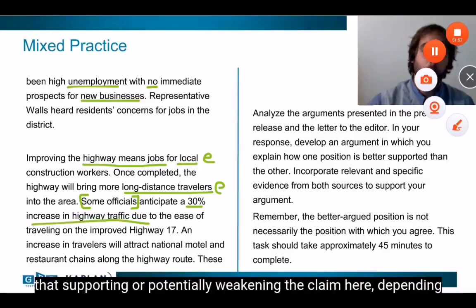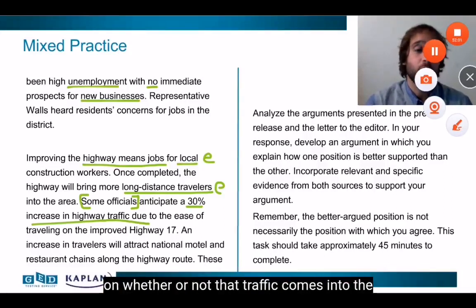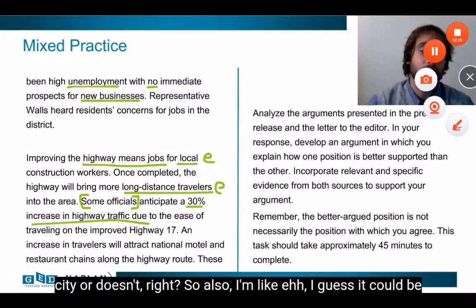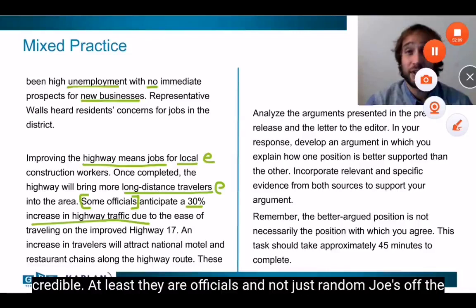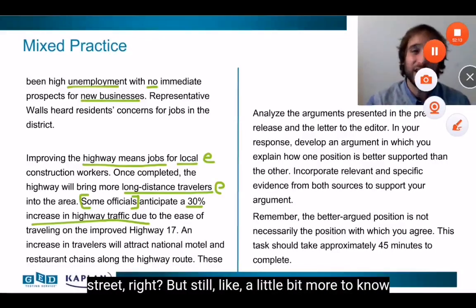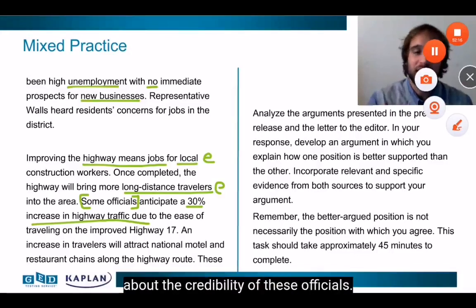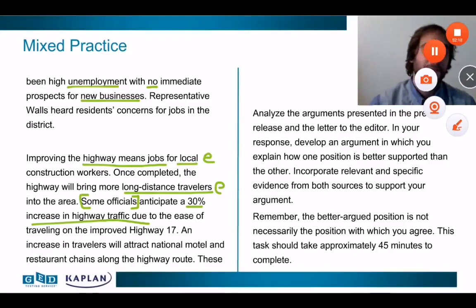I could see that supporting or potentially weakening the claim here, depending on whether or not that traffic comes into the city or doesn't, right? So also I'm like, I guess it could be credible. At least they are officials and they're not just random Joes off the street, right? But still, I'd like to know a little bit more about the credibility of these officials.